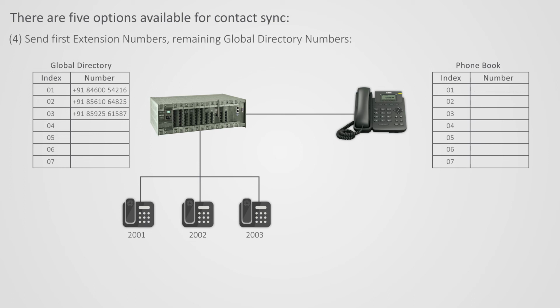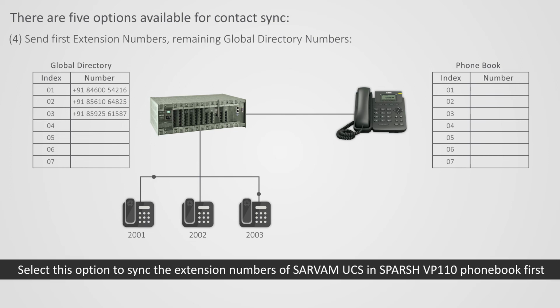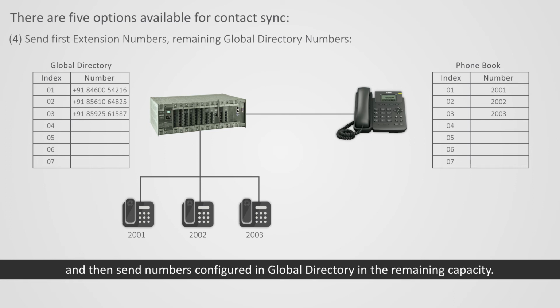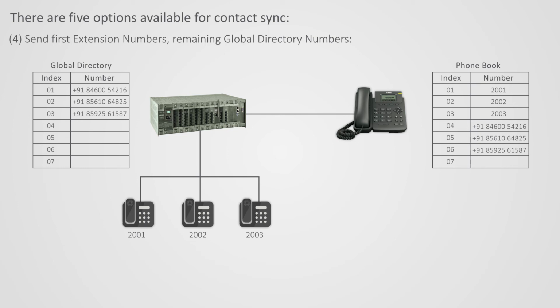Send first extension numbers, remaining global directory numbers. Select this option to sync the extension numbers of SARVAM UCS in SPARSH VP110 phone book first, and then send numbers configured in global directory in the remaining capacity. Send first global directory numbers, remaining extension numbers.